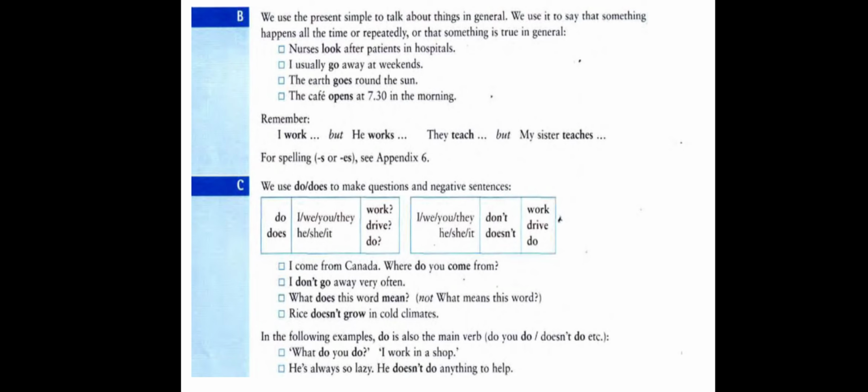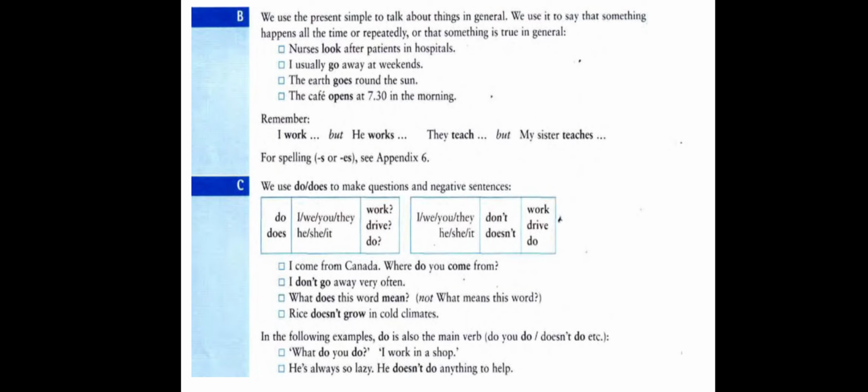He is always so lazy. He doesn't do anything to help. If it is a positive sentence, we say "he does something to help." The verb does here is a main verb.